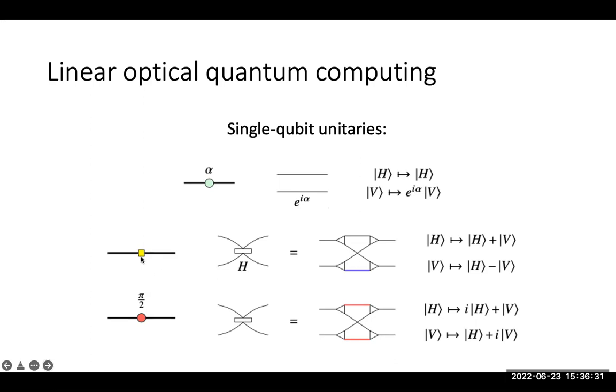Then we can map the Hadamard matrix. Sometimes people like to use that. There are different conventions for what the right beam splitter is, and sometimes people use the Hadamard matrix as the definition of beam splitter, so it's this linear map.